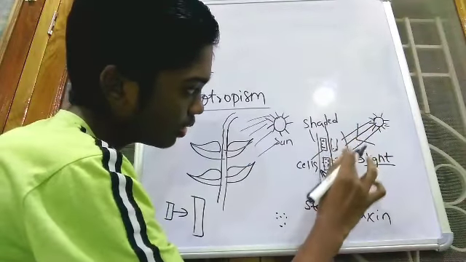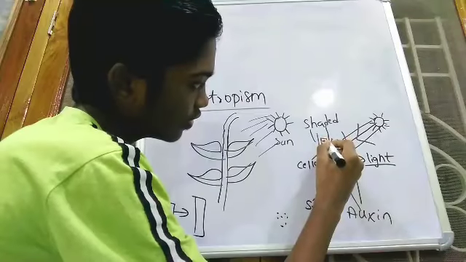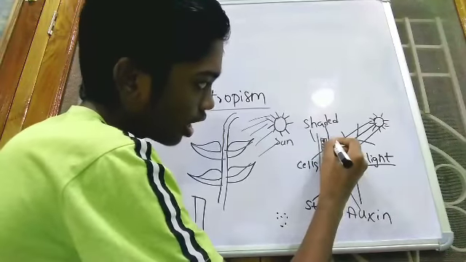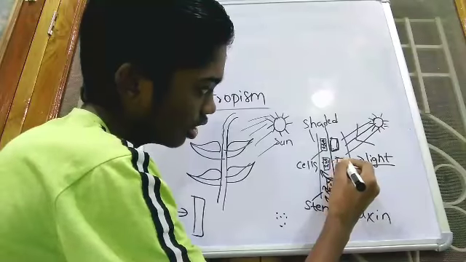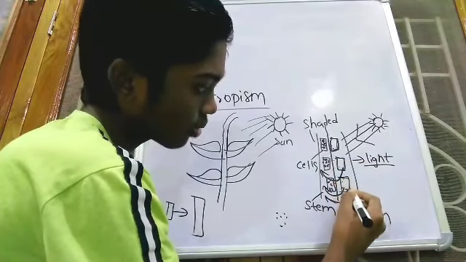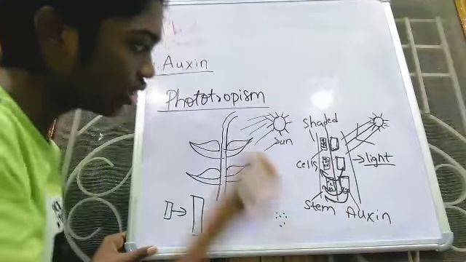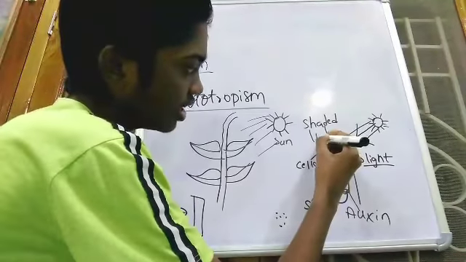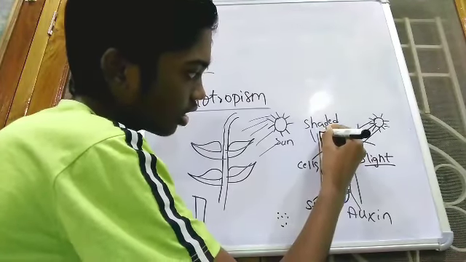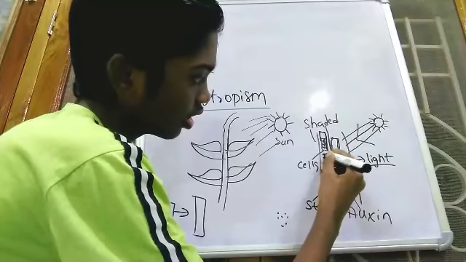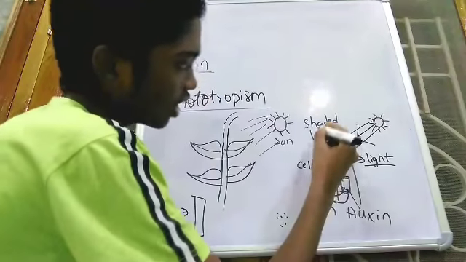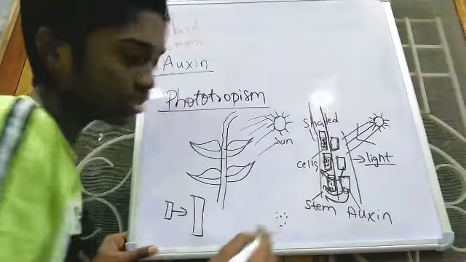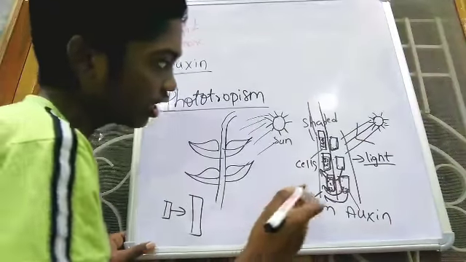So for the left cells, now the auxin quantity will be more, and for the right cells there will be no auxin hormone. As we discussed, the function of the auxin is elongation of cells. Means here the cells will be elongated as there is more auxin. The cells will be elongated, and the stem also will be elongated automatically as the cells are elongating.